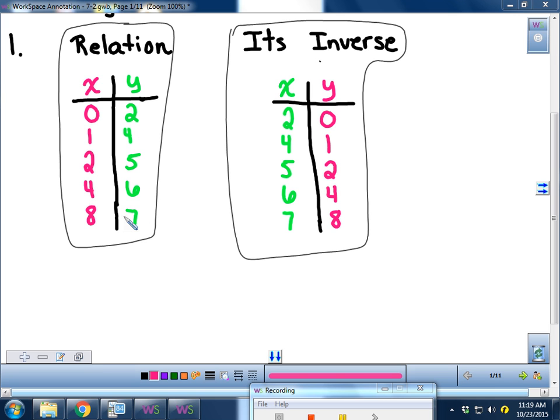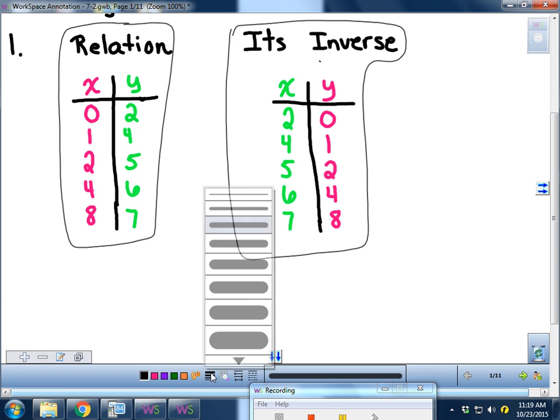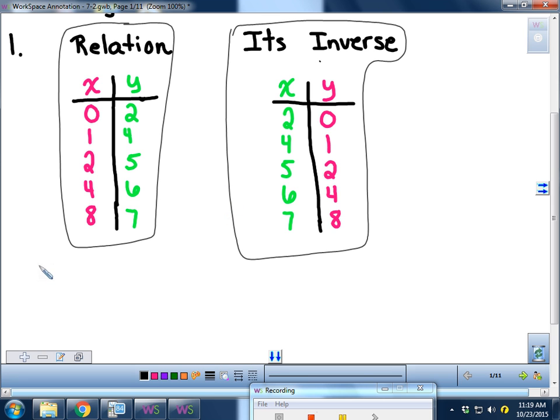So if we were going to put that into interval notation, your domain would be bracket 0, comma, 8, close your bracket. Remember, brackets mean that number is included. Parentheses mean that it's not included. Range would be bracket 2, comma, 7.